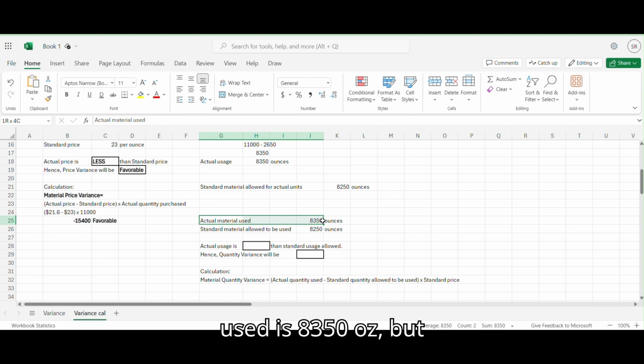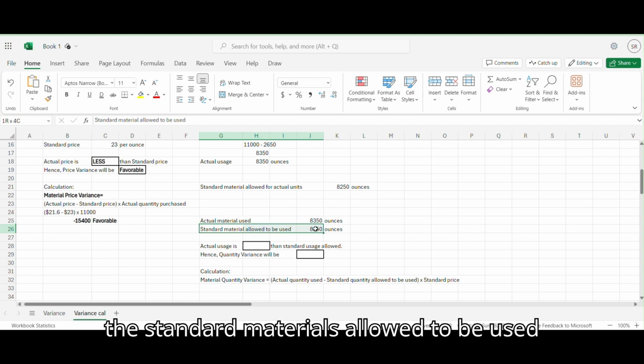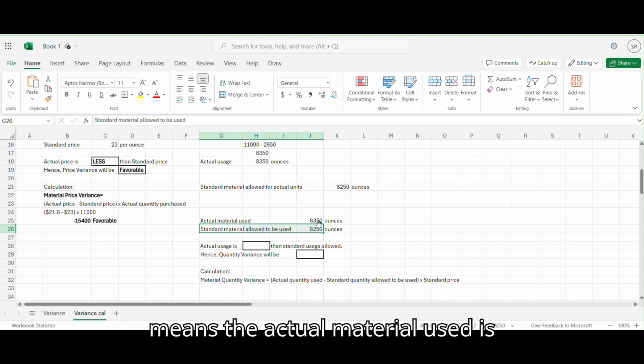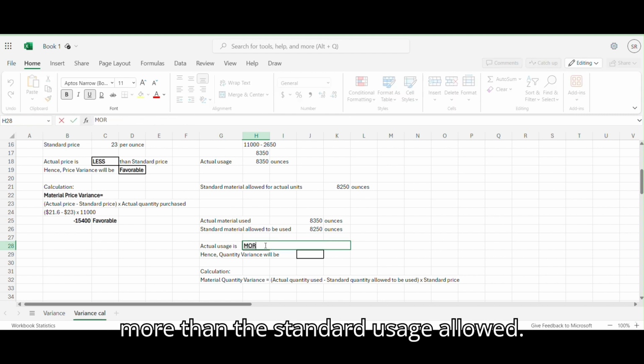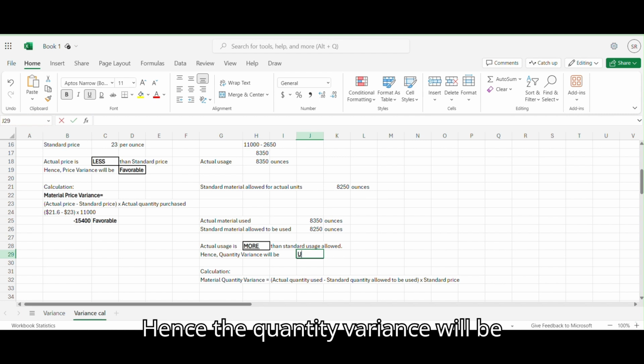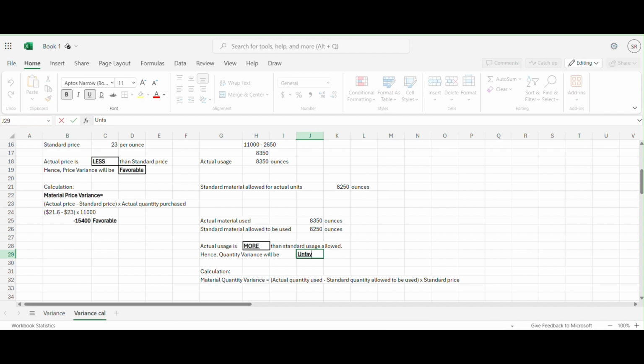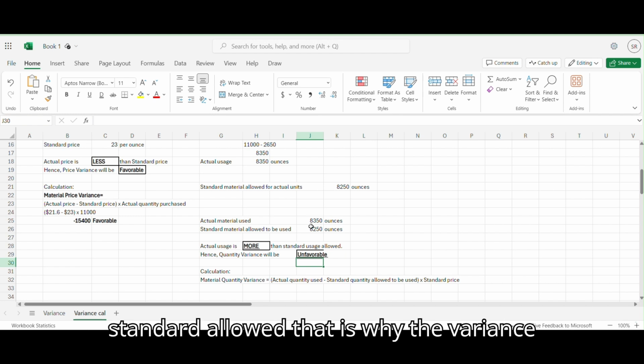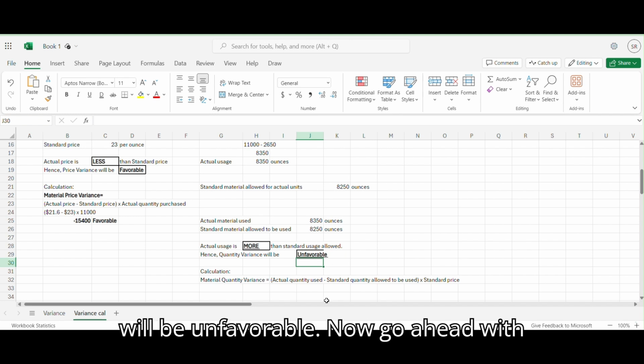See, actual material used is 8,350 ounces, but the standard material allowed to be used was 8,250 only, which means the actual material used is more than the standard usage allowed. Hence the quantity variance will be unfavorable, because the actual usage is more than the standard allowed.